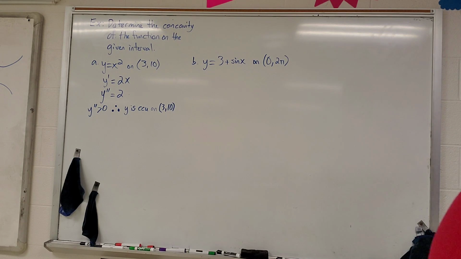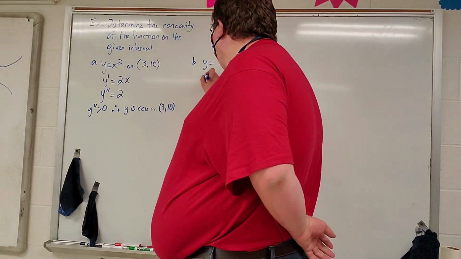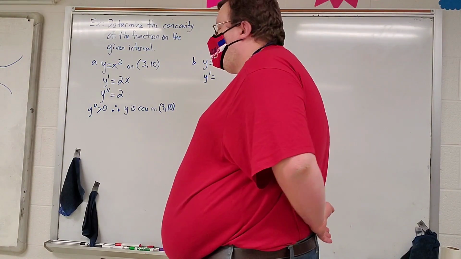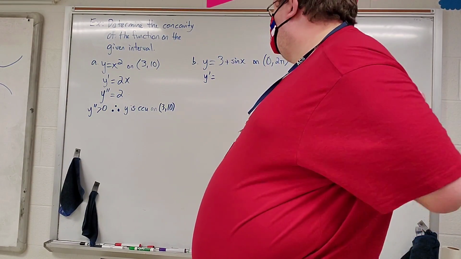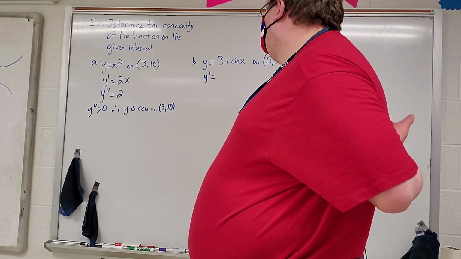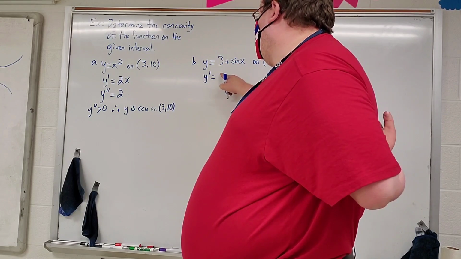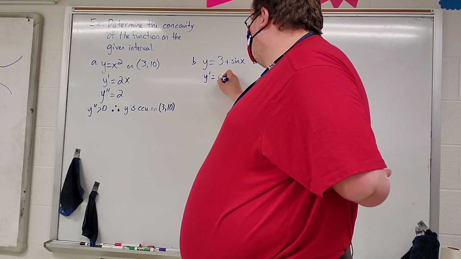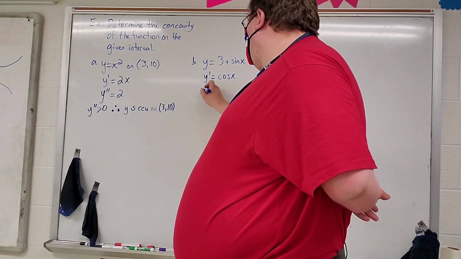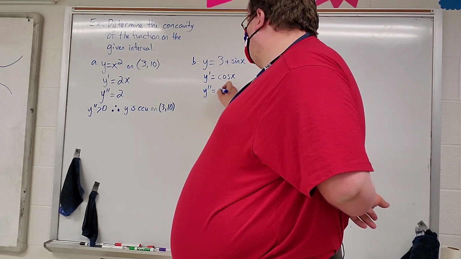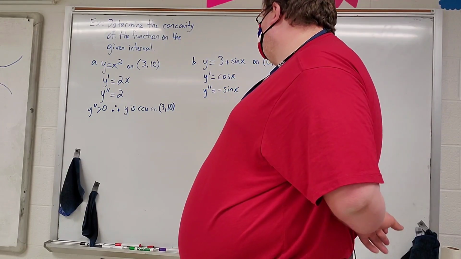I don't know. What's the derivative? It would be just cosine x, right? Yeah, because the derivative of the 3 is 0. So the derivative of sine is cosine. And then the derivative of cosine x is negative sine, right? Oh, so it's negative sine x.